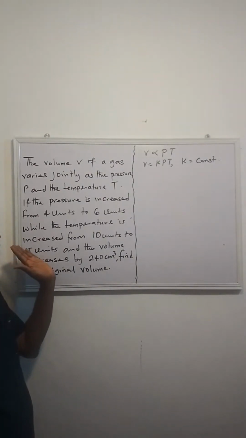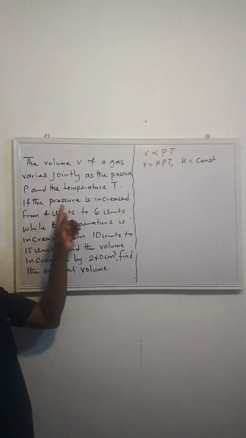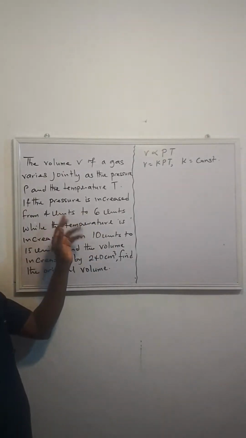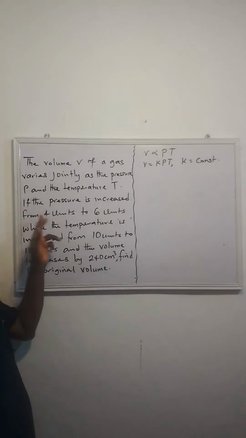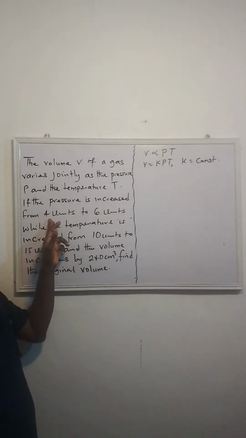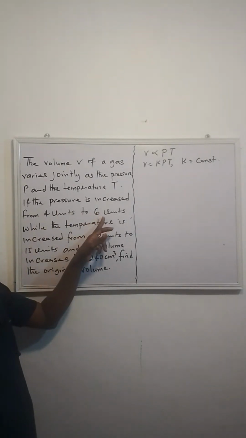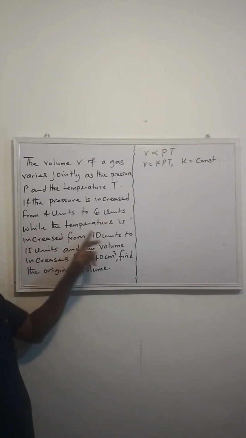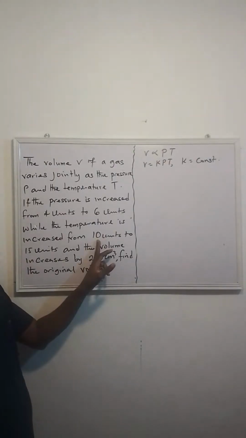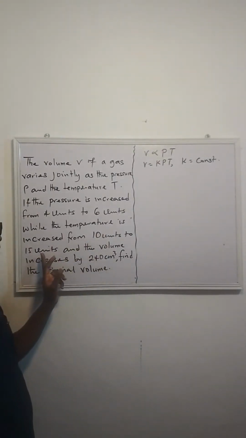That means the original pressure is 4, while the new pressure is 6. The same applies to the temperature. Initial is 10 units and the new is going to be 15 units.